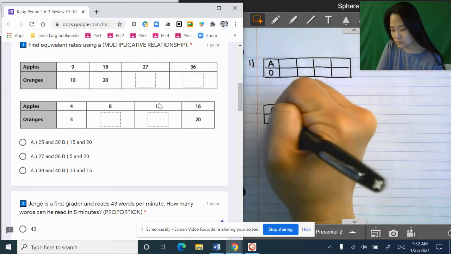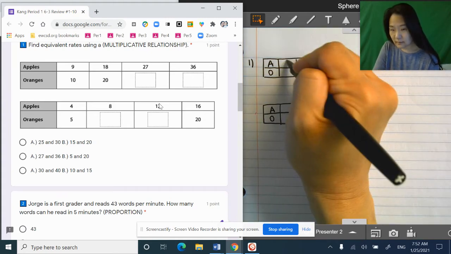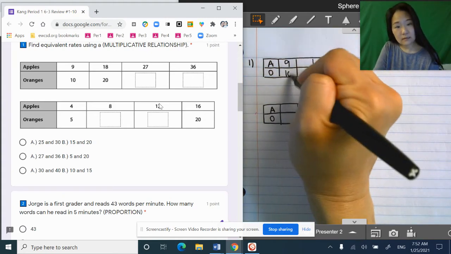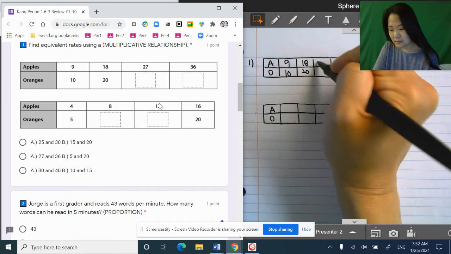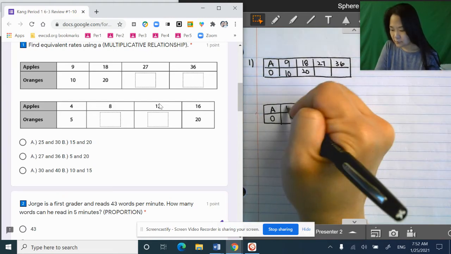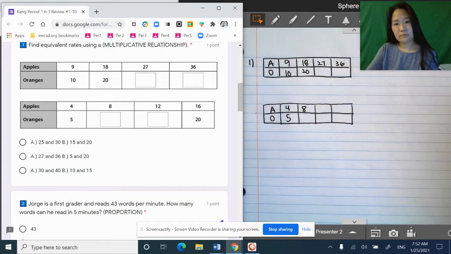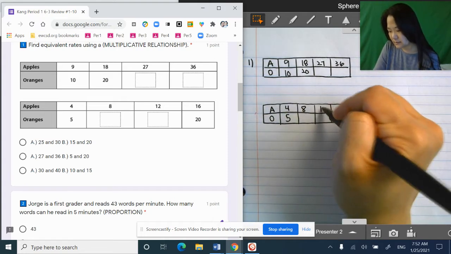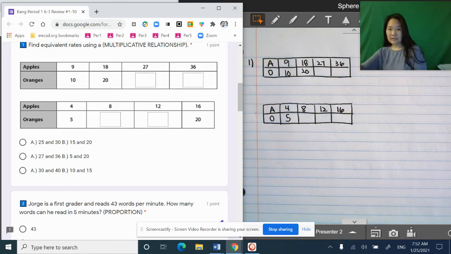So just using the first letter, 9 to 10, 18 to 20, 27, 36, 4 to 5, 8, 12, and 16. Okay, so find equivalent rates.